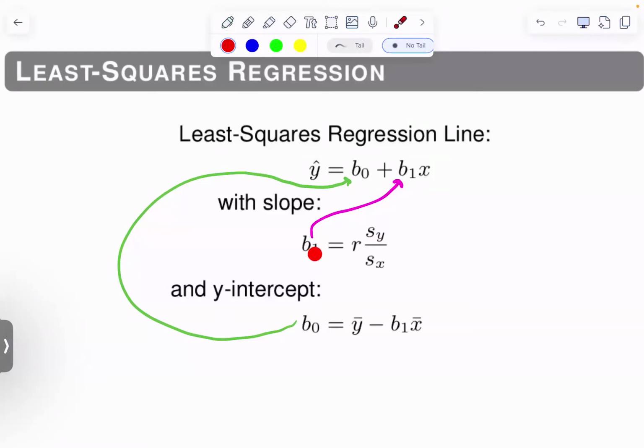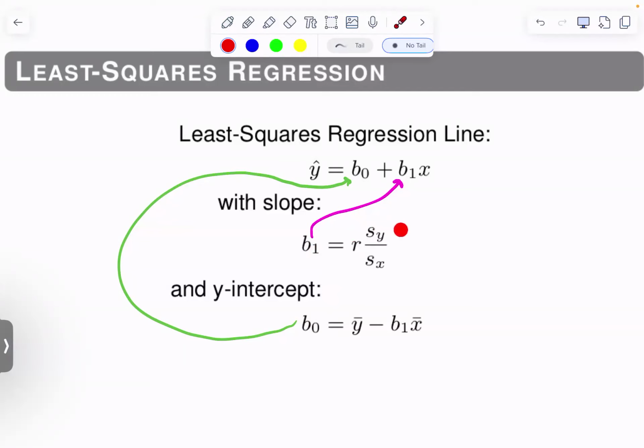You're going to have to calculate the slope and the intercept, but I'll give you some of these values. In fact, I need to give you R some way. I need to give you SY, which is the standard deviation of the Y's.